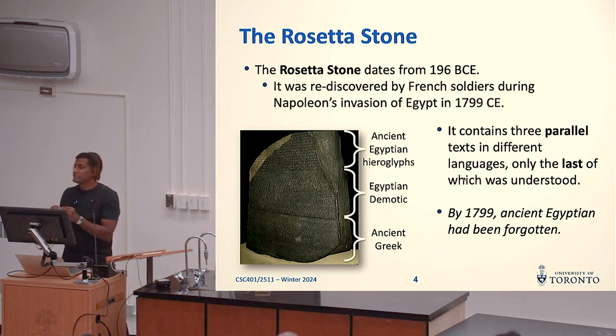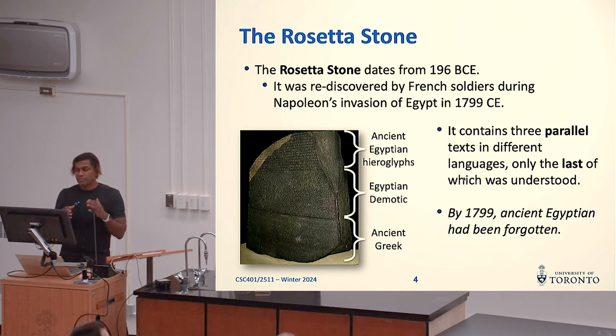The stone is fascinating because it has a transcription of the same Macedonian decree, decreed when the Macedonians conquered ancient Egypt, in 3 different texts.